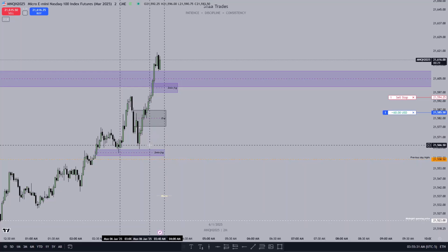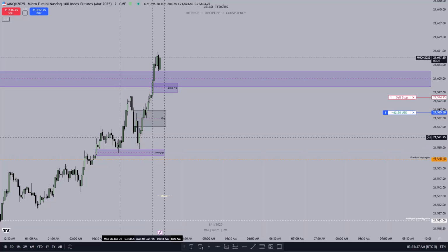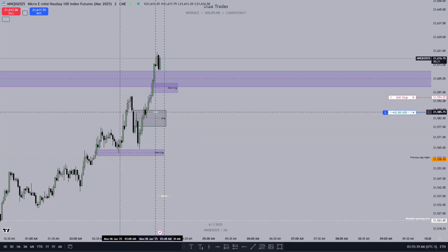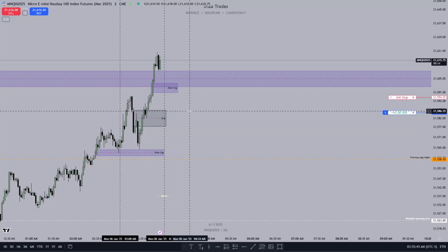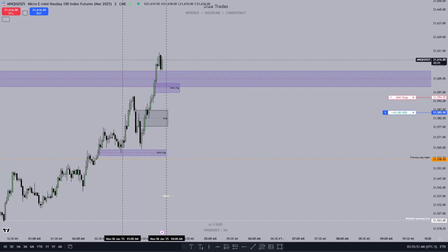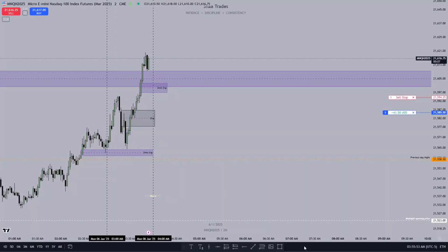That's why I closed the trade early, and I'm like, okay, I might be wrong on the draw. Once it breaks this, all I do is flip it. That's really all you have to do. You're not going to be right 100% of the time, but this is a high probability model that plays out most of the time.